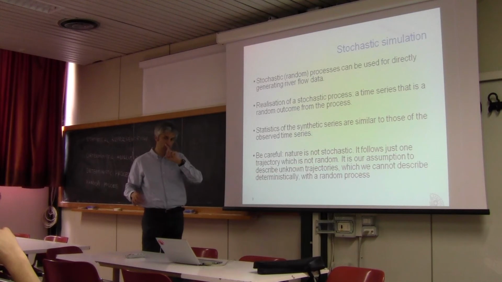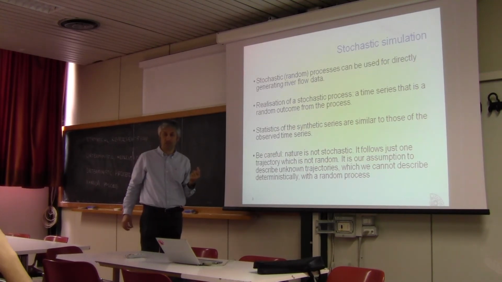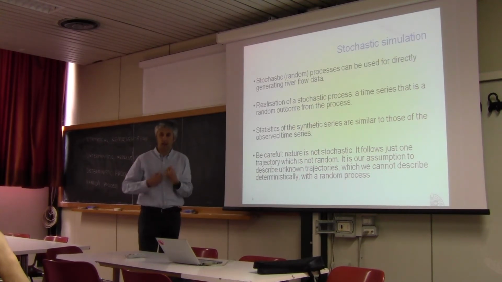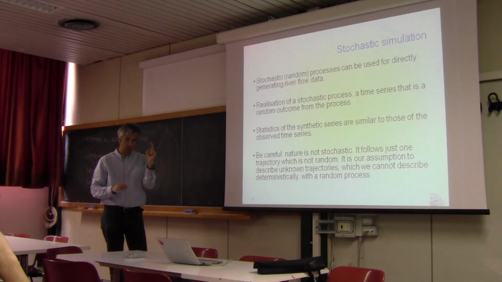But don't get confused. We cannot say that nature is stochastic, because nature happens just one time. So for instance, our personal life is not stochastic, it's just one. There are not several replicas, unfortunately, of our life. We cannot go back and live again and see what happens if we make different choices. We have just one opportunity.